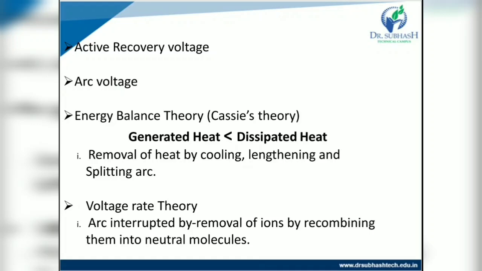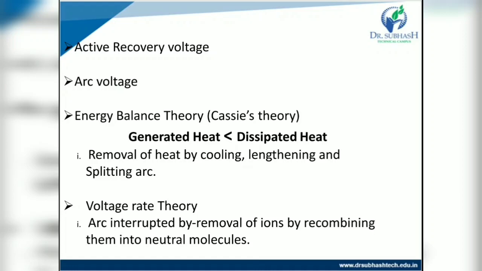In the energy balance theory, the generated heat is less than the dissipated heat. Heat is removed by cooling, lengthening and splitting of the arc. Lengthening means increasing the length of the arc, so its cross-section area is reduced.